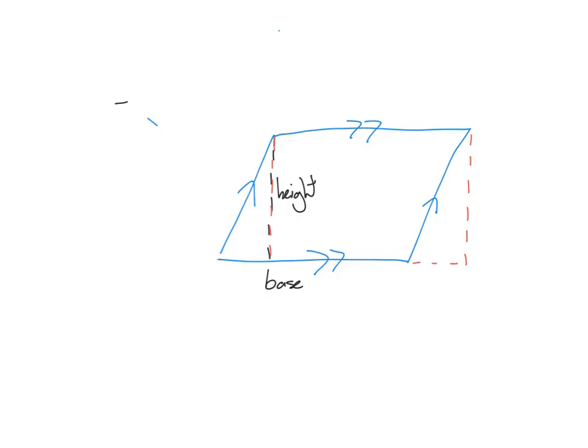And the area for a rectangle is length times width. So my length for this rectangle is base and my width is height. So the area for a parallelogram is just going to be area equals base times height, or BH.